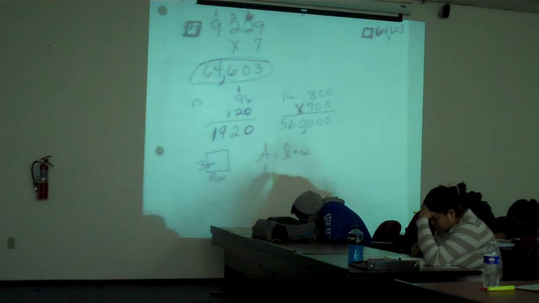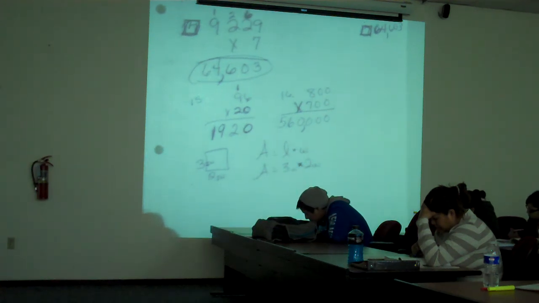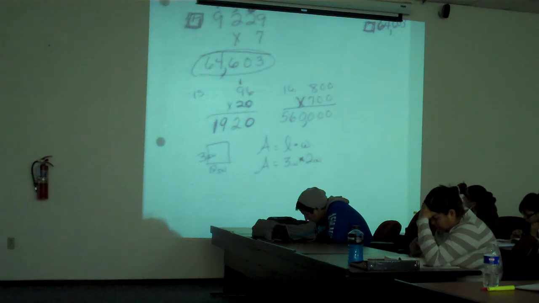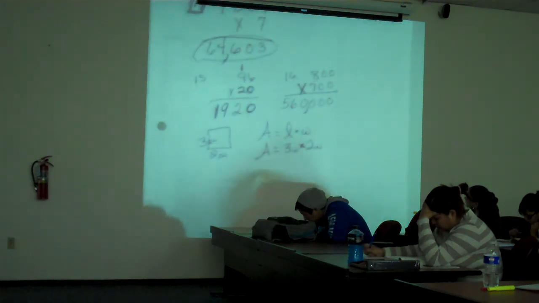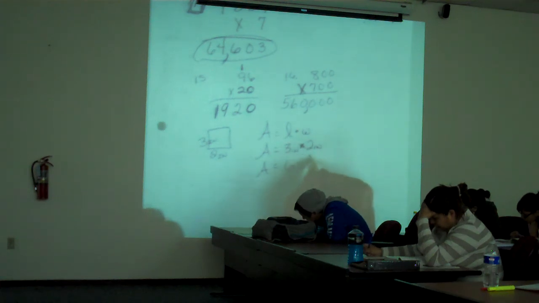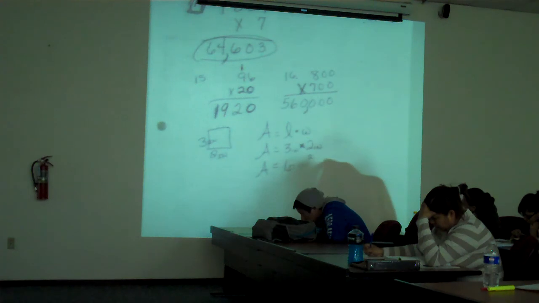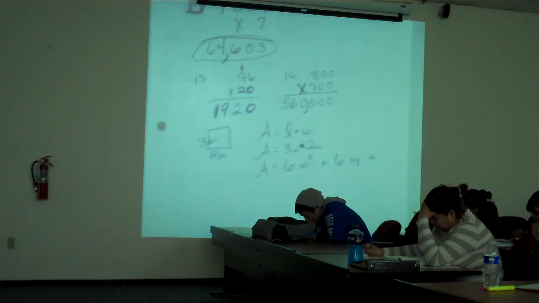So the area of this will be 3 inches times, X or a dot, either one, times 2 inches. So what is it? 6 square inches. 6 square inches, or inches squared. So you could put the 2, or you could put SQ in front of inch, square inches. Areas in square units.